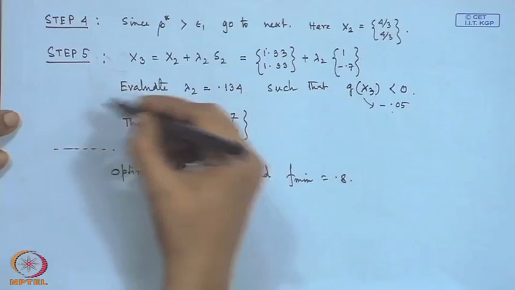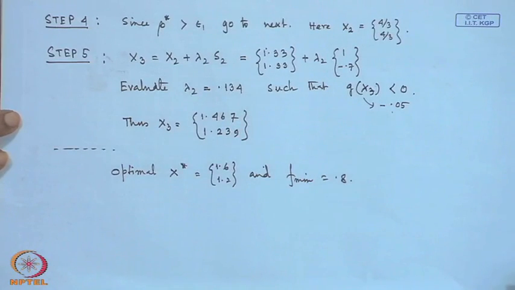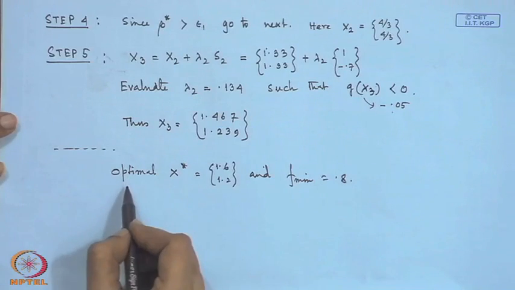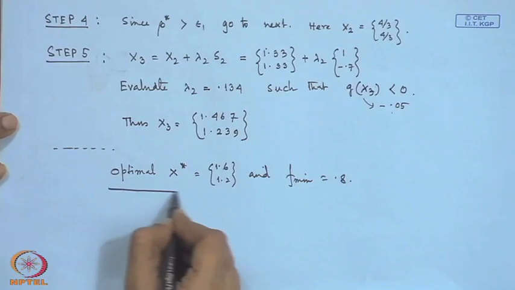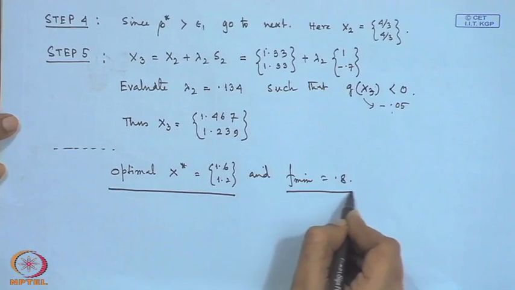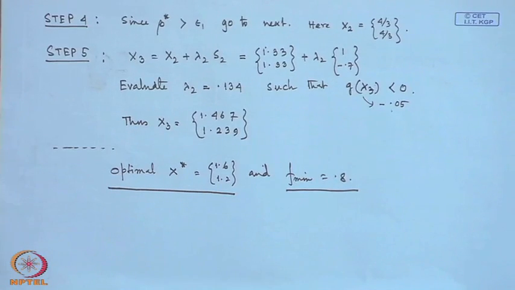In this way, if we proceed further and further, after a few steps we can see the optimal solution is coming, and we will get the functional value as 0.8. And this is the method where we are using the method of feasible direction. There is another alternative method, that is Rosen's gradient projection method.